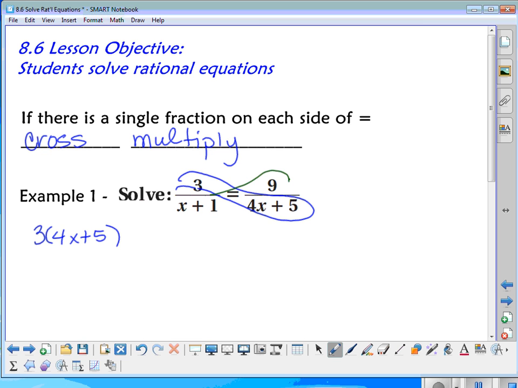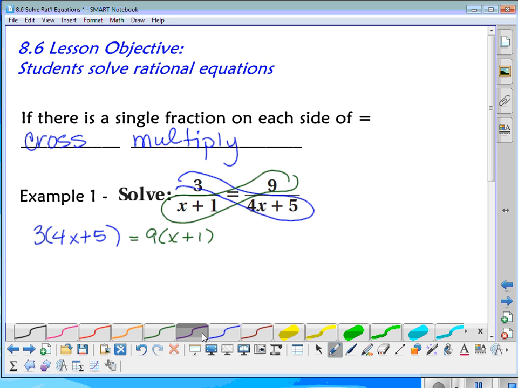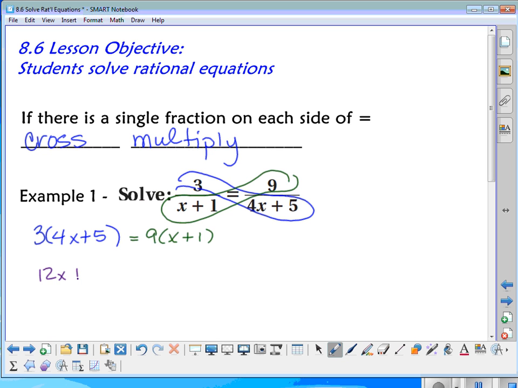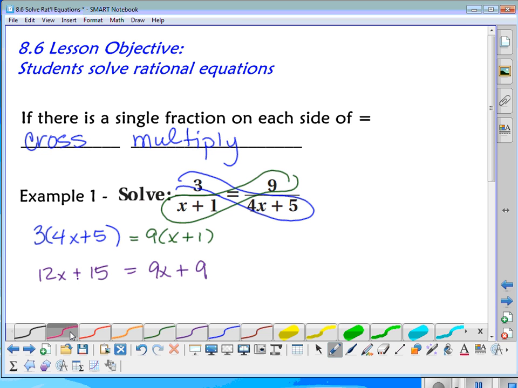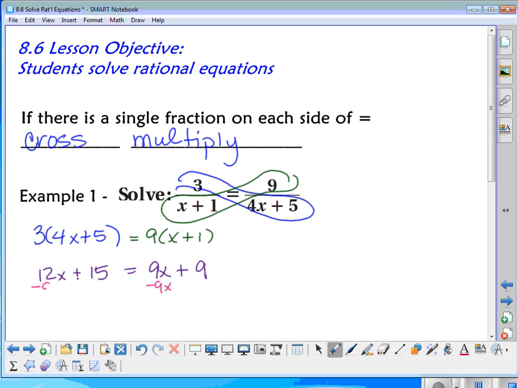And that's going to equal 9 times x plus 1. So if I multiply that out, I get 12x plus 15 equals 9x plus 9. And so I'm going to subtract 9x from both sides and subtract 15 from both sides.